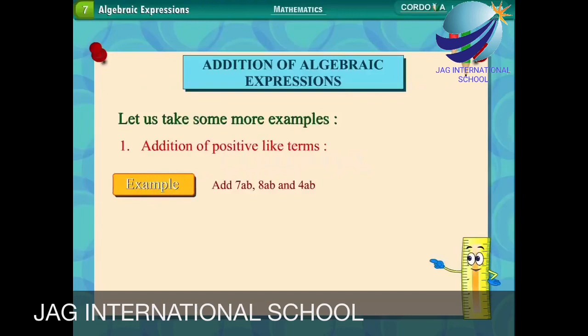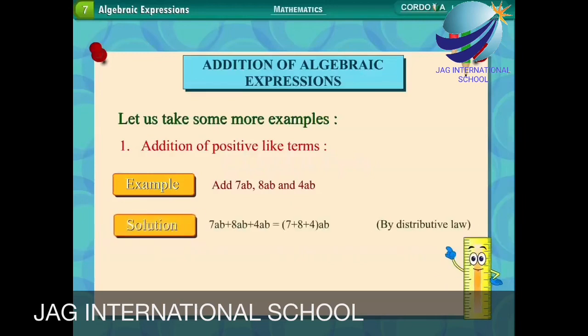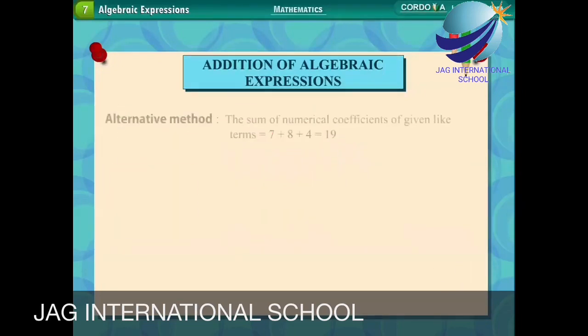Example, add 7ab, 8ab and 4ab. Solution, 7ab plus 8ab plus 4ab is equal to (7 plus 8 plus 4)ab, by distributive law, which is equal to 19ab. Alternative method.